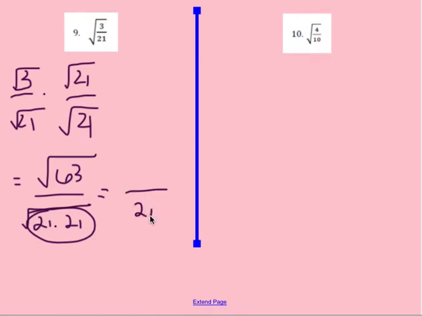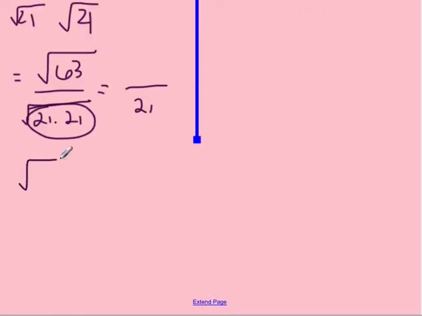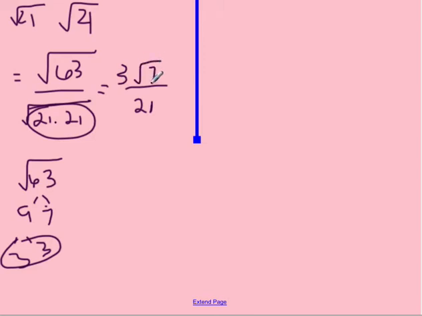And now I want to take a look at breaking down 63. So when I break down 63, I'm going to have 9 and, not 9 and 3, that would be 27, 9 and 7. And then 9 breaks down to 3 and 3. So then I could take out a pair of 3's out of that 63. So I'm going to have that pair of 3's that comes out, and left underneath the radical is 7.